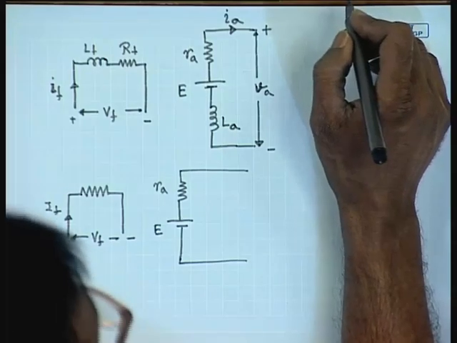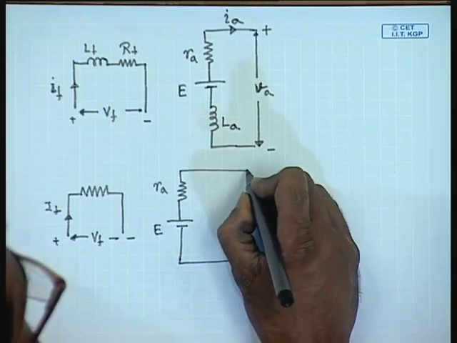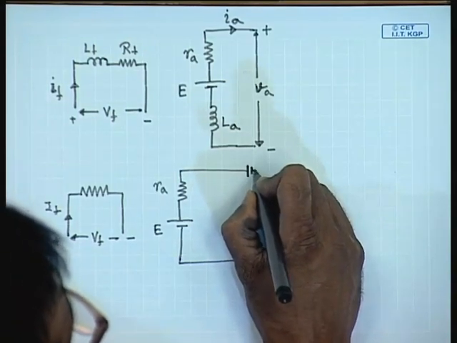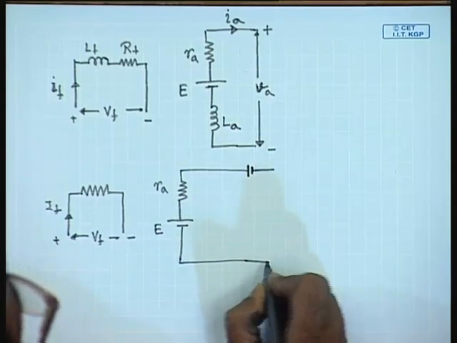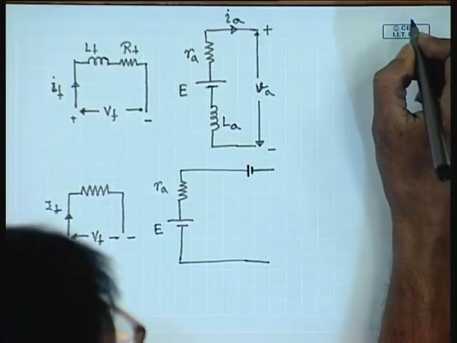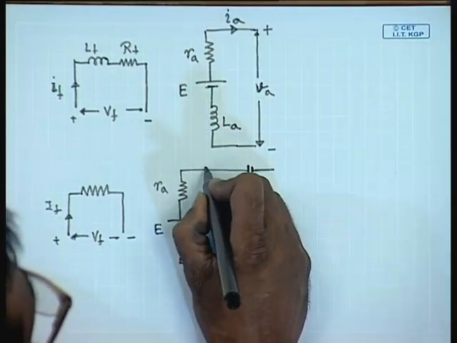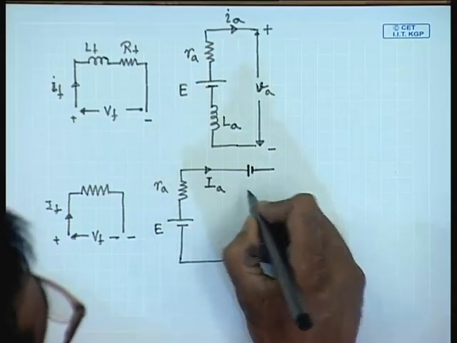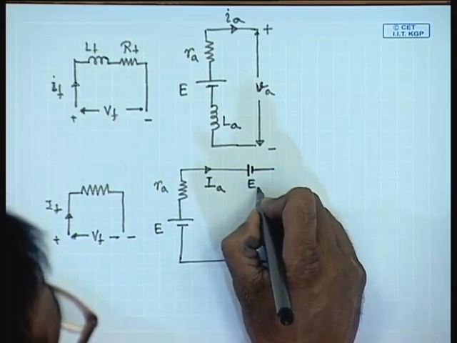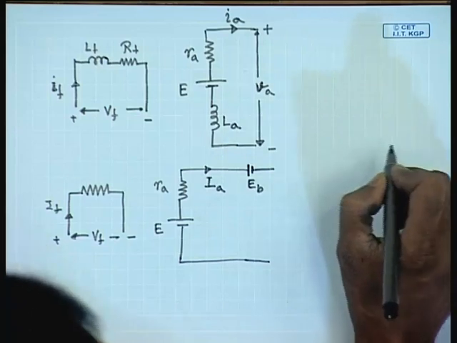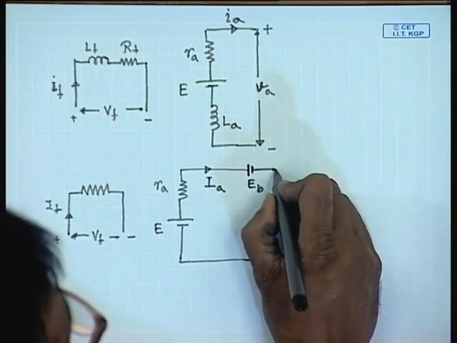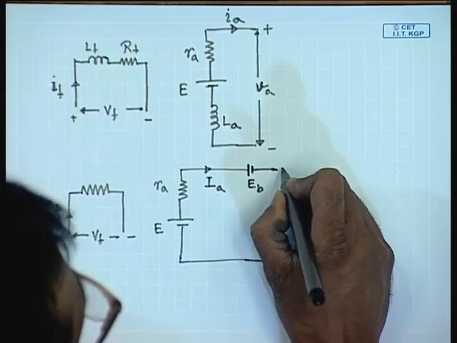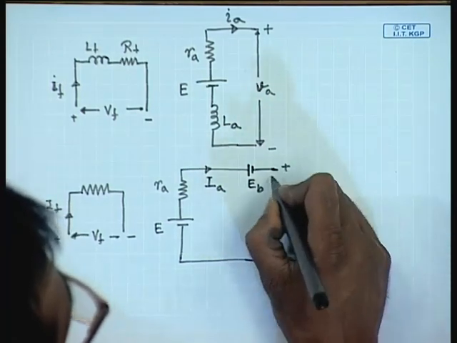Therefore, it is reasonable to assume the total brush drop as another voltage of fixed magnitude, which is independent of all other machine parameters or variables like armature current or rotational speed. This is called the brush contact drop, normally about 2 volts, and this is the terminal voltage Vt.